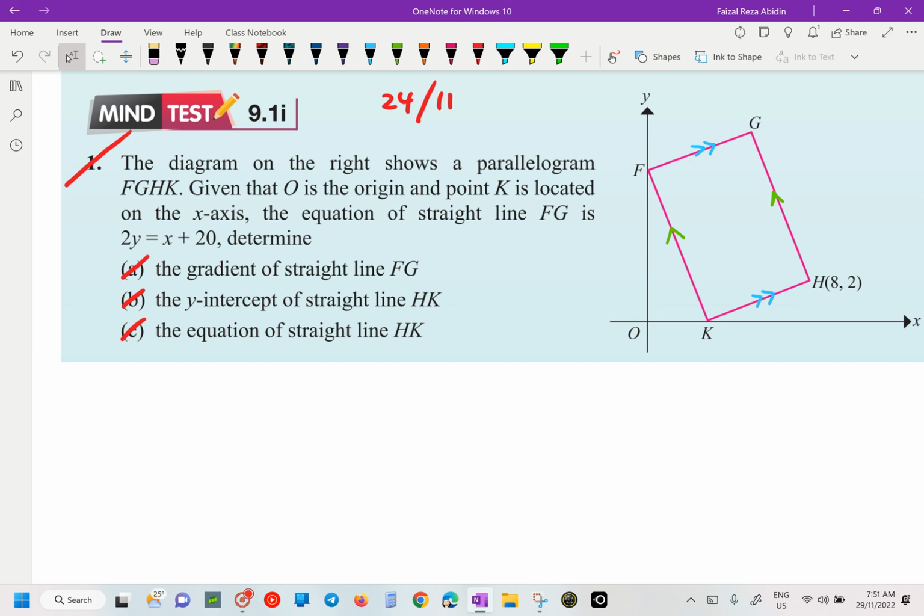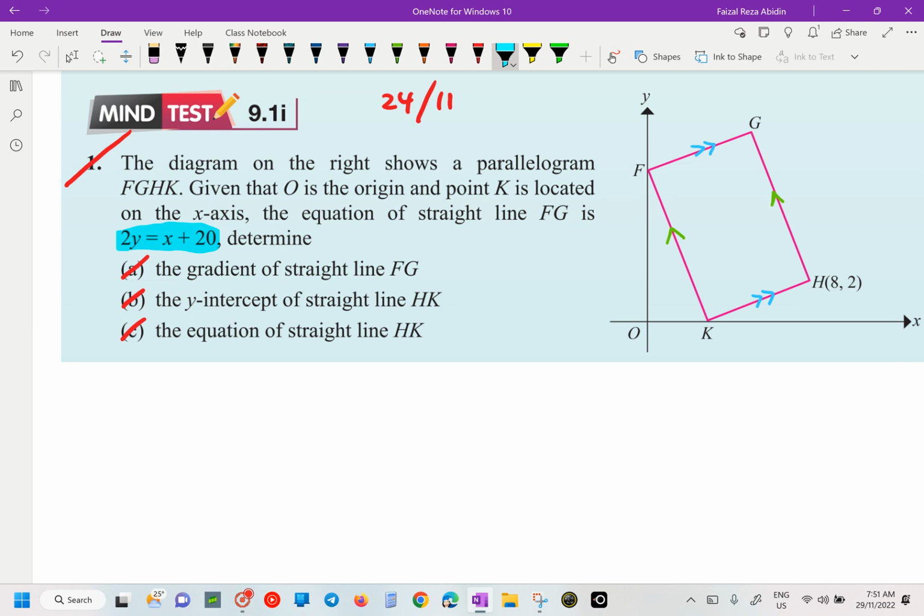Okay. Given that O is the origin and point K is located on the x-axis, the equation of straight line FG is given over here. Our FG is going to be 2y equals x plus 20.